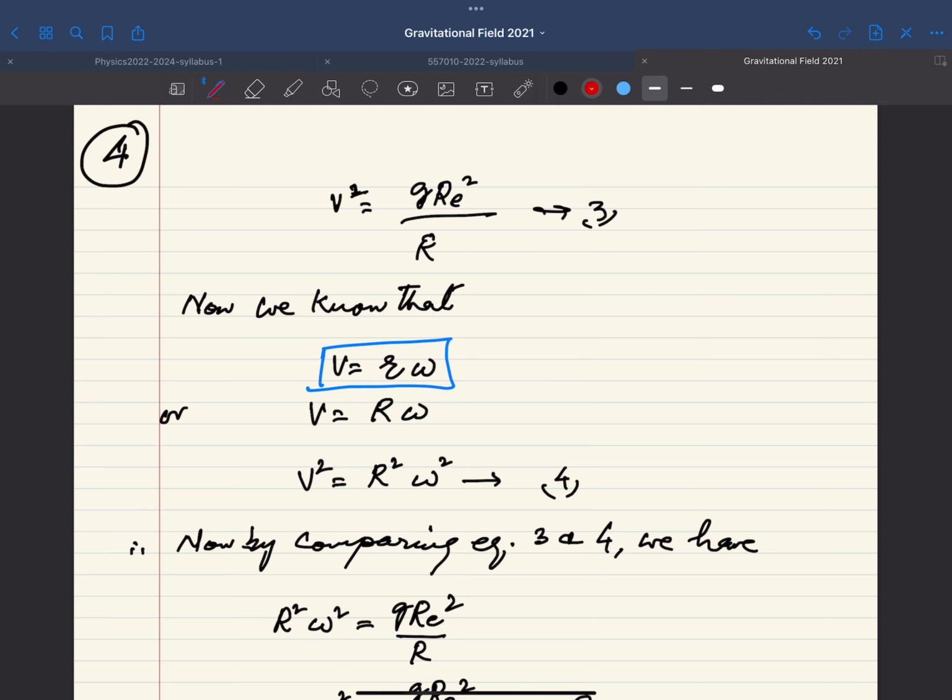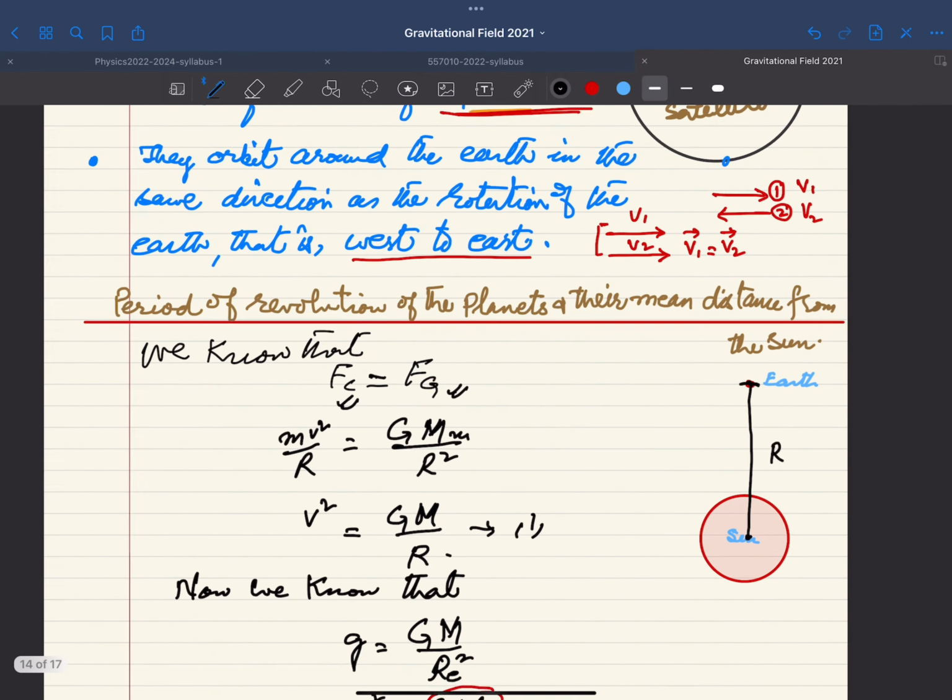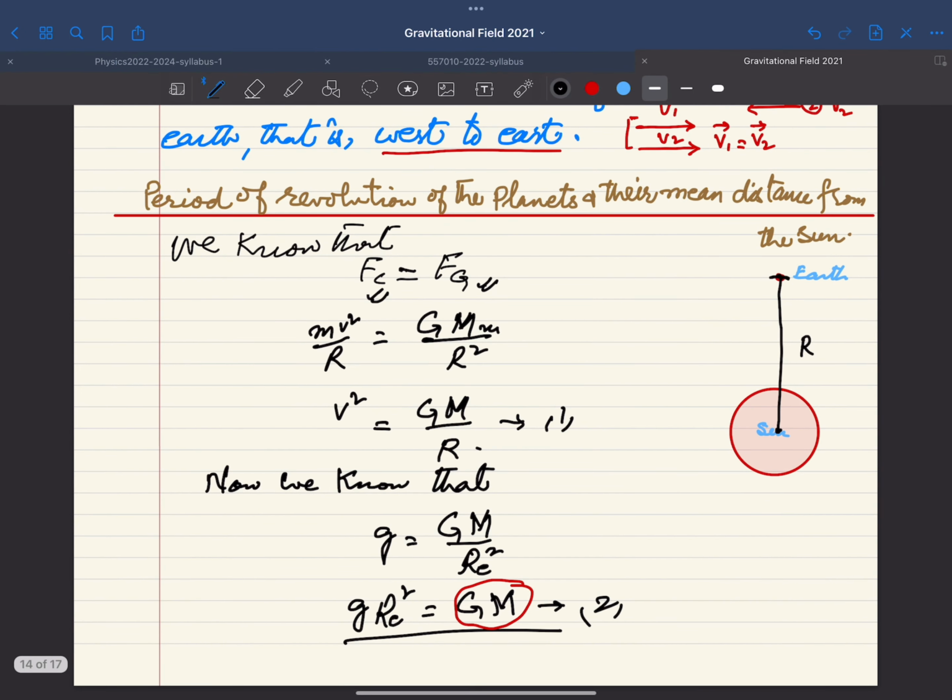So be careful, here R is different and RE is different. RE is the radius of the earth and R is simply the radius or distance between the bodies. We can consider the situation of the sun and earth, or even the earth and another body, like a satellite.